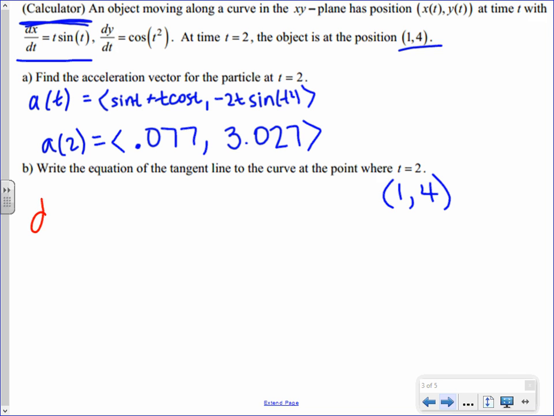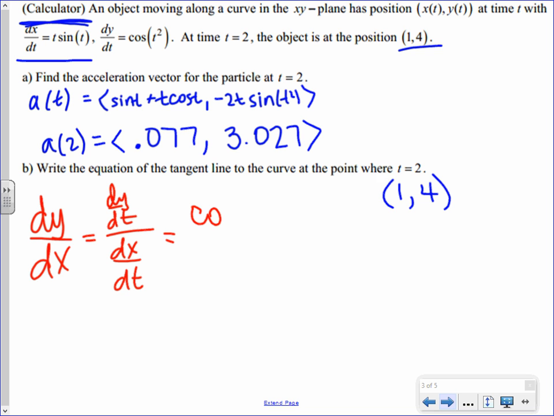For a parametric, how do we get dy/dx? We know dy/dt is cosine of t squared, and dx/dt is t sine of t. So we need this evaluated at t is 2.